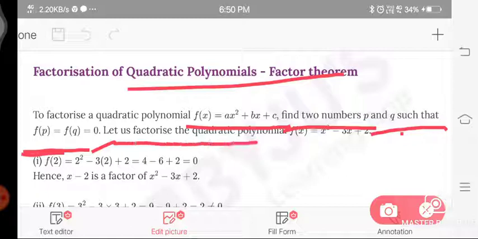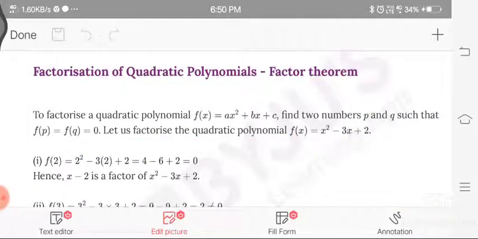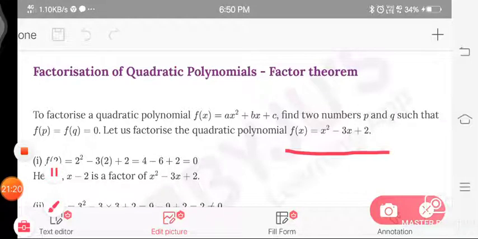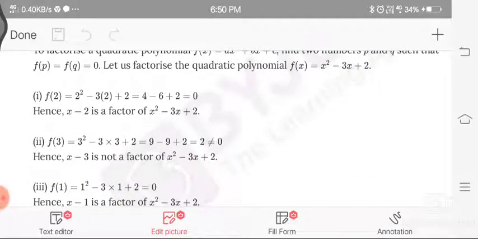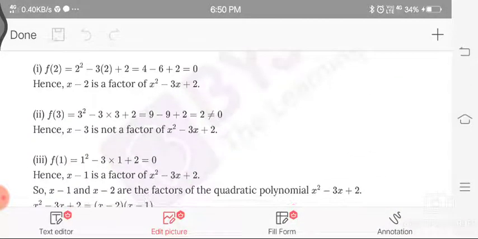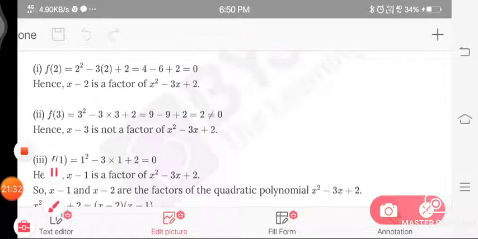Let us factorize the quadratic polynomial f(x) is equal to x square minus 3x plus 2. The first step, we take x is equal to 2, then f(2) is equal to 2 square minus 3 into 2 plus 2.